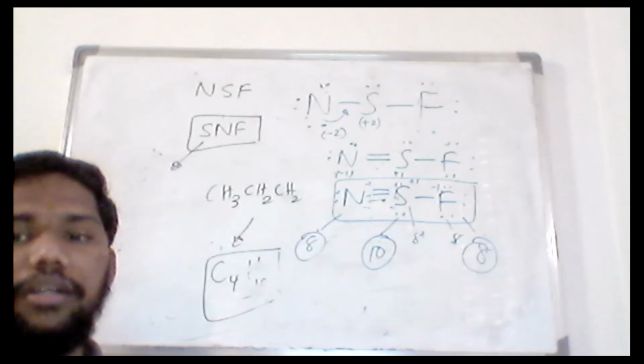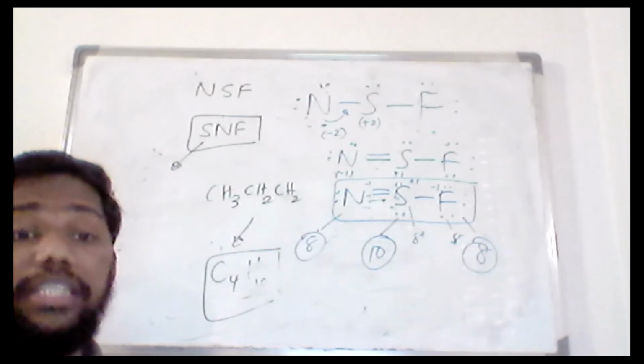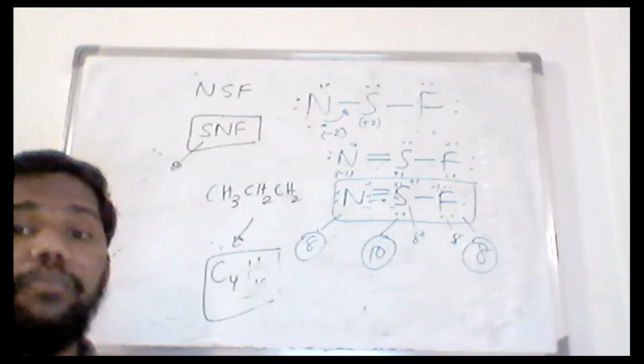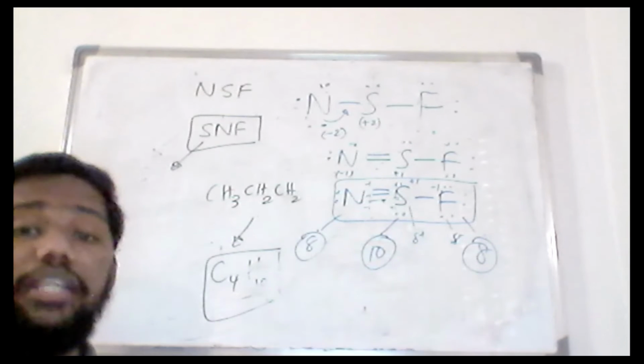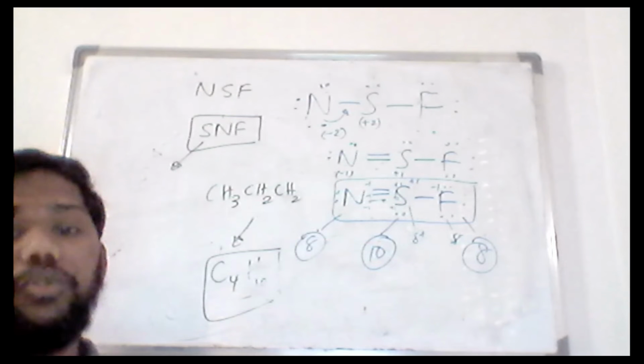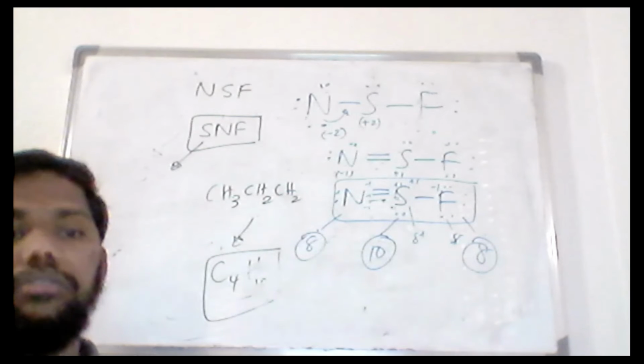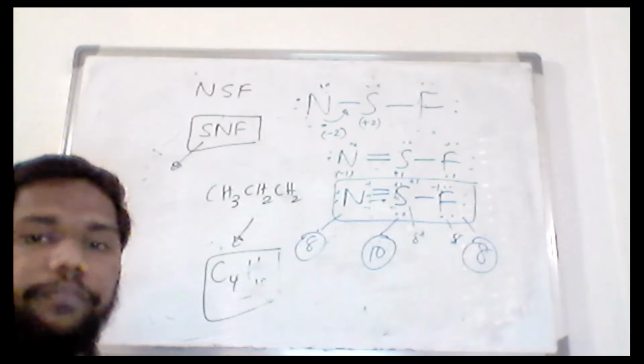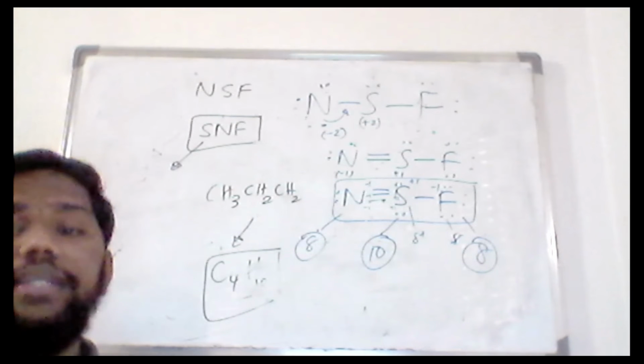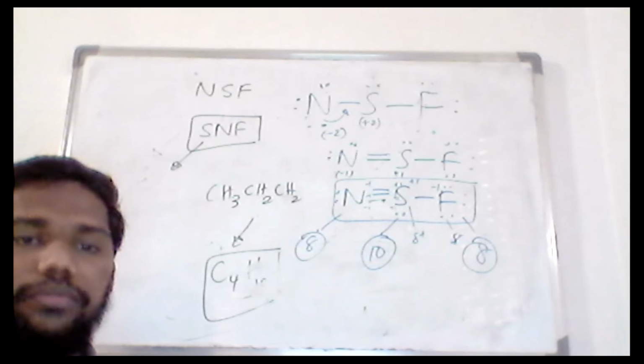Remember that. The additional electrons other than the octet from period 2 will be filled into those empty orbitals. So that is why it does not obey the octet rule.